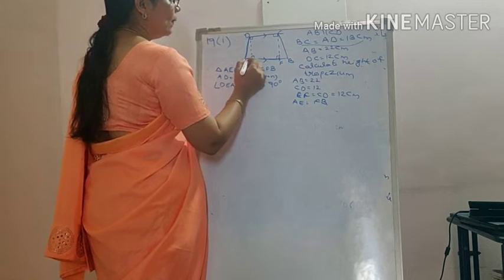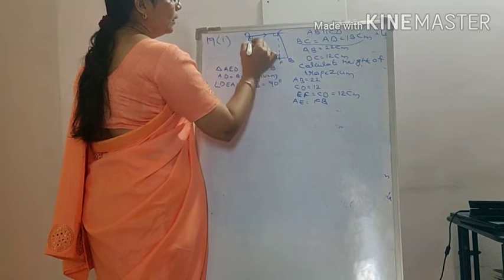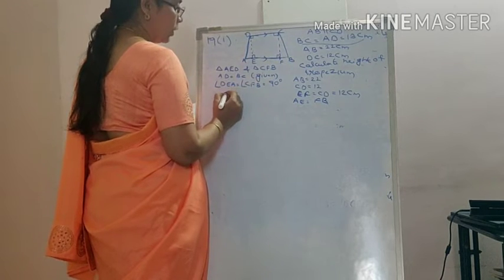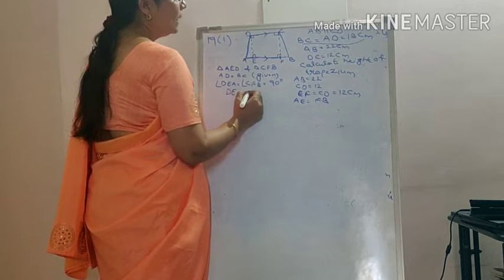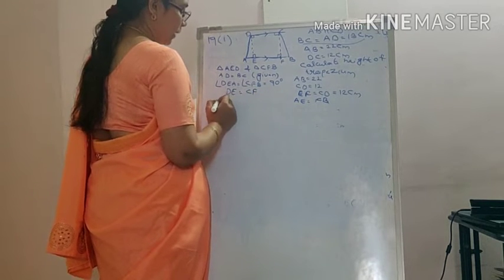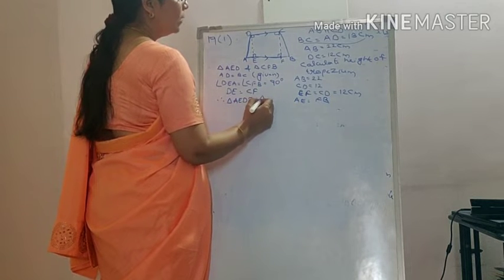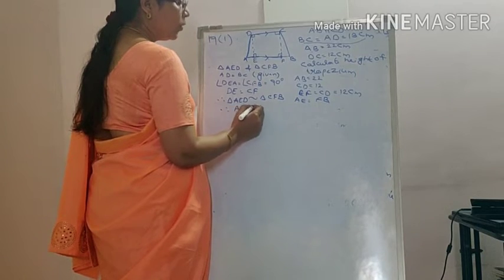Also, this is equal to this, so DE and CF will also be equal because they are the heights of the same trapezium. So we can say DE is equal to CF. Therefore, triangle AED is congruent to triangle CFB. Therefore, we can say AE is also equal to FB.